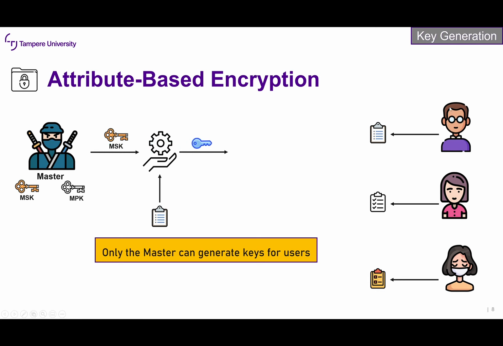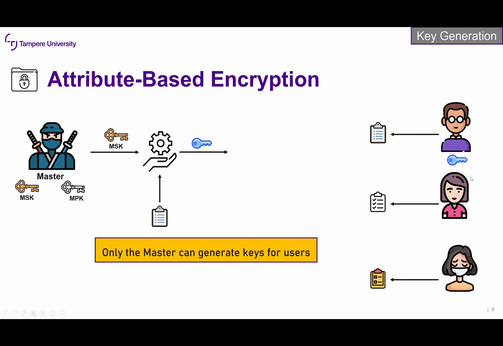So when a user, Bob here for example, sends a request to the master entity to generate his ABE secret key, the master authority will run a key generation algorithm that takes as input MSK, the master secret key, as well as Bob's unique attribute list, and this will output Bob's attribute-based secret key, that blue key, that will be sent to Bob, right?